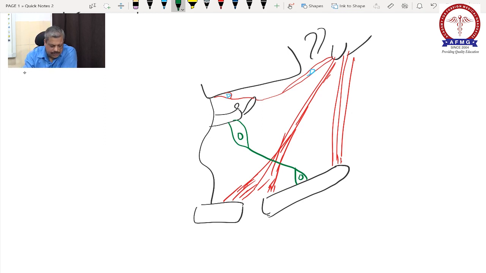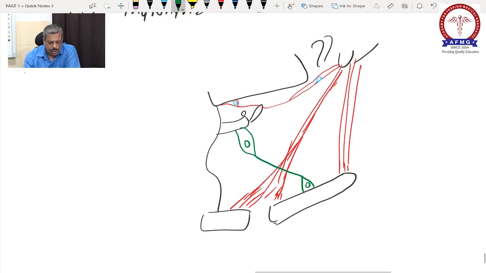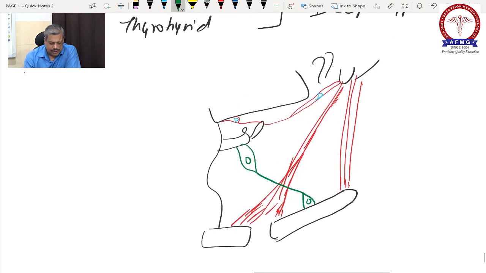Now it is clear that this is the posterior triangle of the neck and this is the anterior triangle of the neck. The posterior triangle, whose boundaries we discussed earlier, is bounded anteriorly by sternocleidomastoid, inferiorly by the clavicle, and posteriorly by the trapezius. Clear?